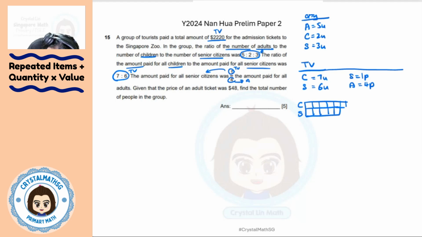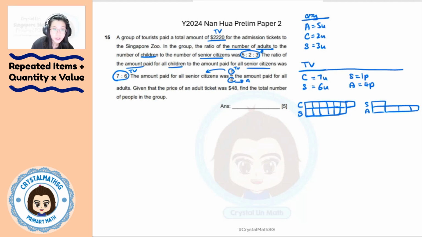So 3, 4, and 7. So this one will be 1. And this one will be 4. Maybe a different size because it's in parts. Different size, also not very pretty, my sizing. Just remember we are referring to different sizing, okay? So this is this and this is this.